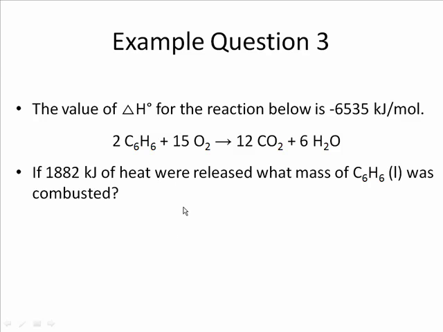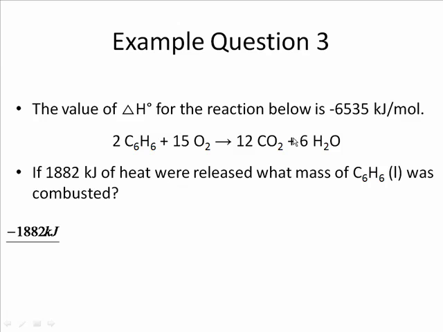We'll get told an energy change. 1882 kilojoules of heat are released. Okay, well we'll write that down, but this is like word math. Were released basically means we should put a negative sign in front of this. And that's from the perspective of the system. Well, we're just kind of going down the same street, but the other direction.